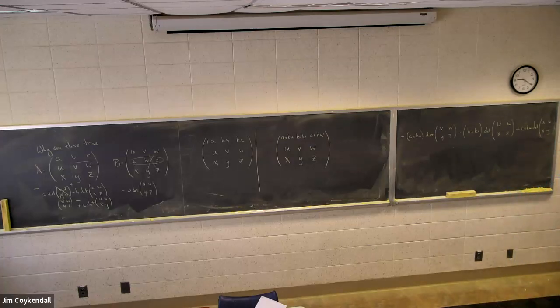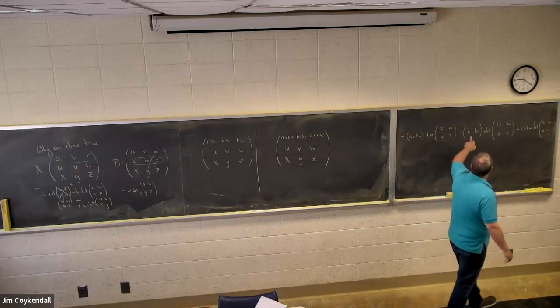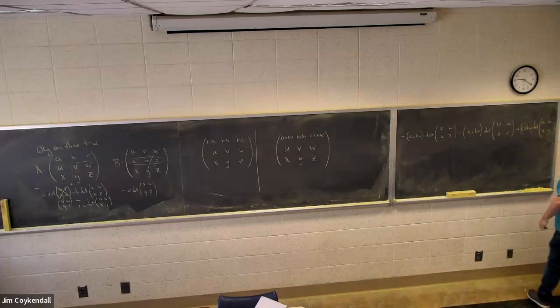Everybody okay with that? Now notice, I've got something plus something times a mess, something plus something times a mess, something plus something times a mess, with parentheses. Can I multiply out parentheses, right?